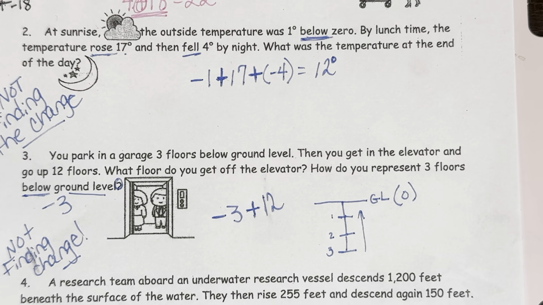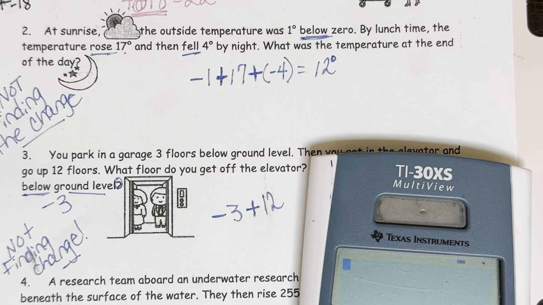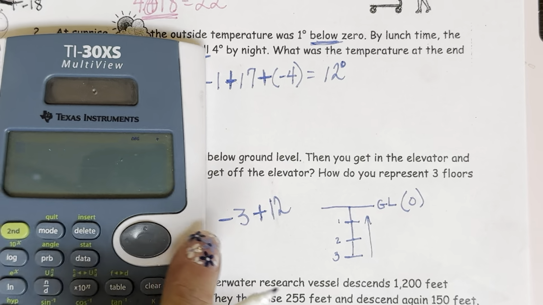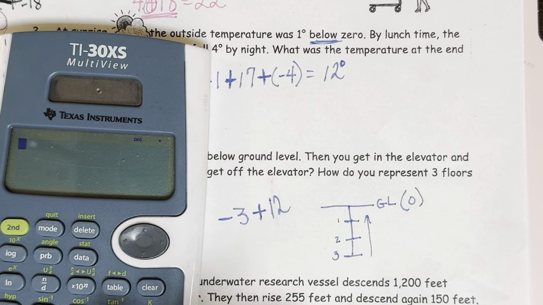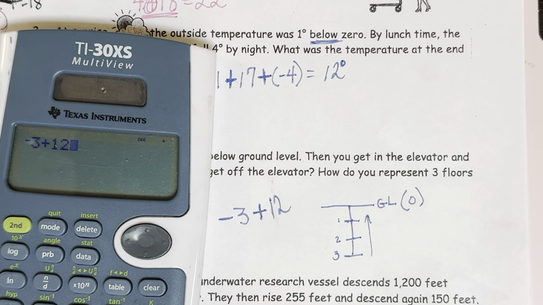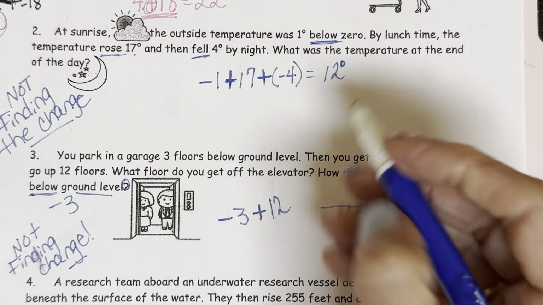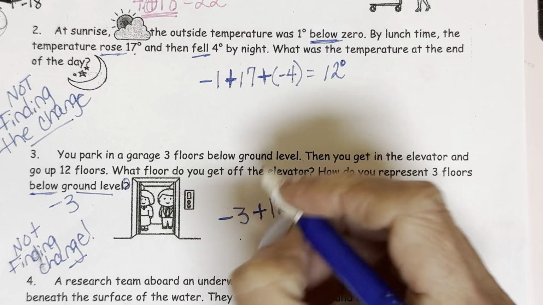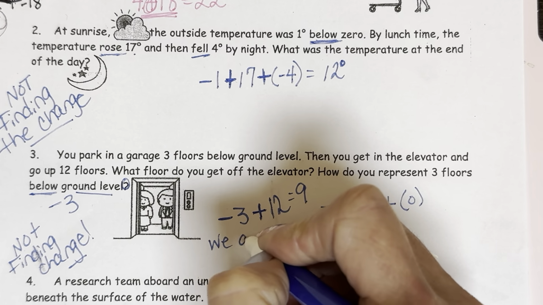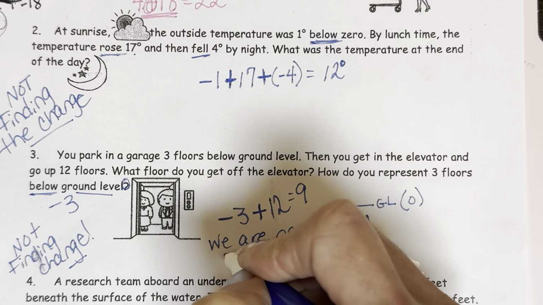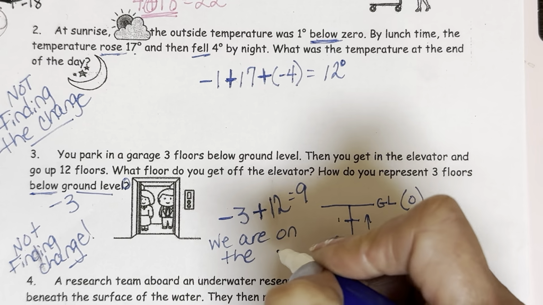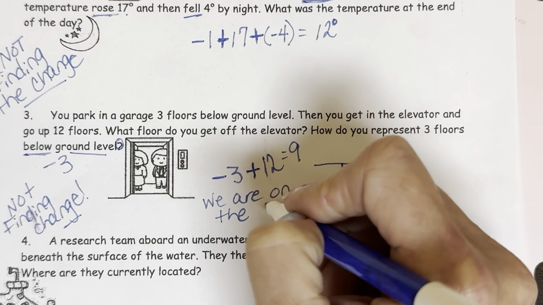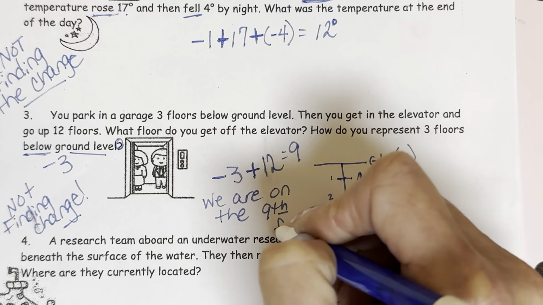So we're gonna take that and put it in our calculator. -3 plus 12 equals a positive 9, so we are on the 9th floor.